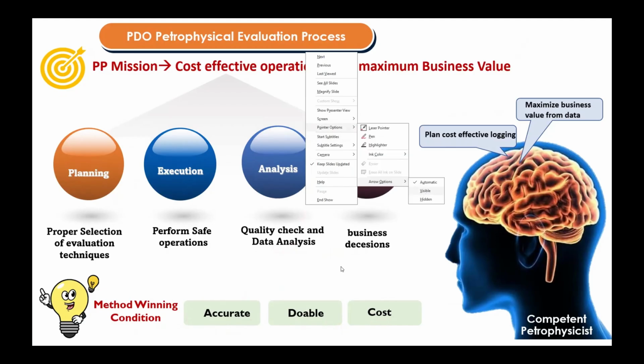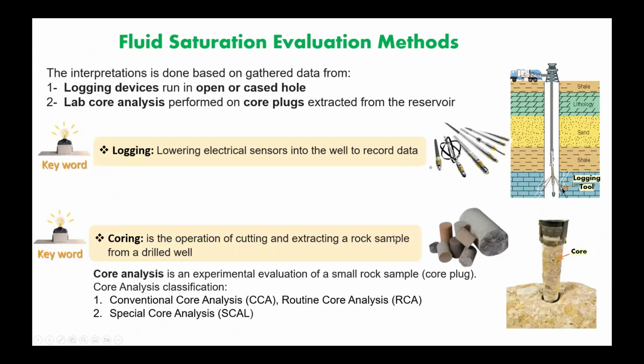In PDO, the interpretation of hydrocarbon saturations is done based on data gathered from logging devices that we run in open or cased hole, or from lab core analysis. Logging, the term means lowering some electrical sensors in a well to record data.